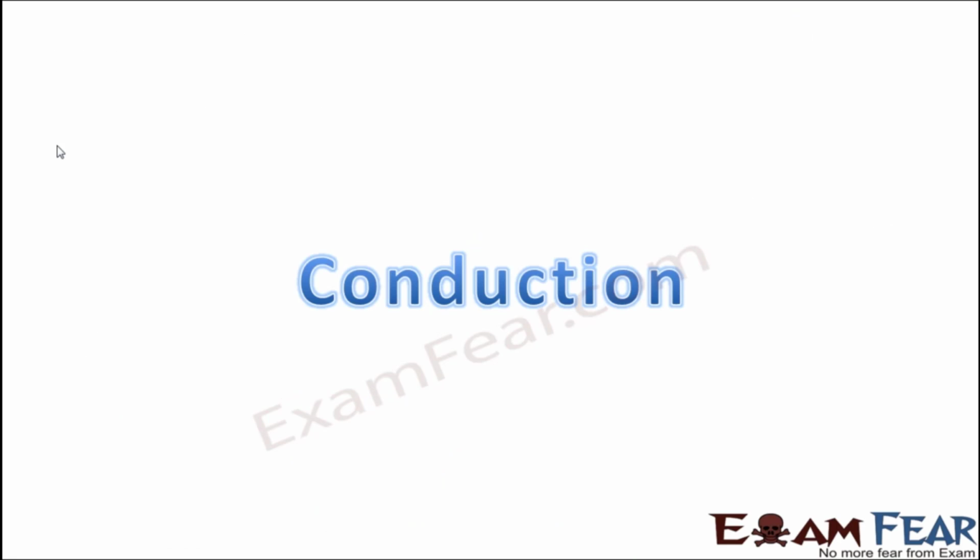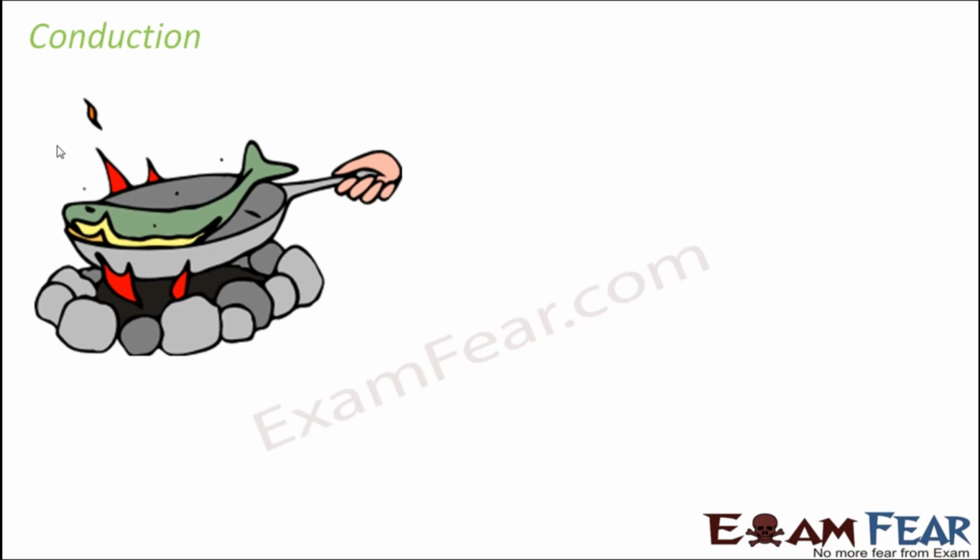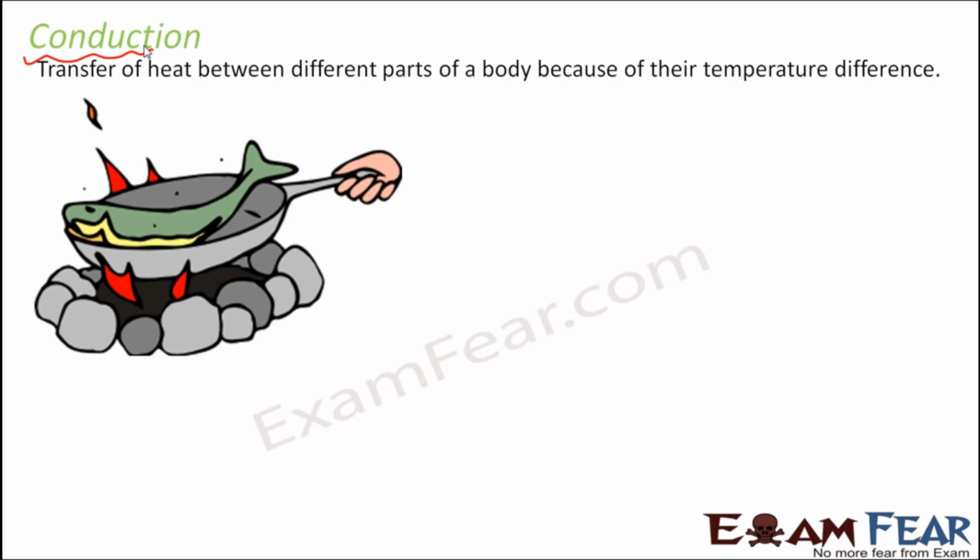So let us start with conduction. The word conduction is derived from the word conduct. Anything which allows heat to pass through itself is called a conductor, and the way heat transfer takes place in conductors is called conduction. So it is the transfer of heat between different parts of a body because of their temperature difference.